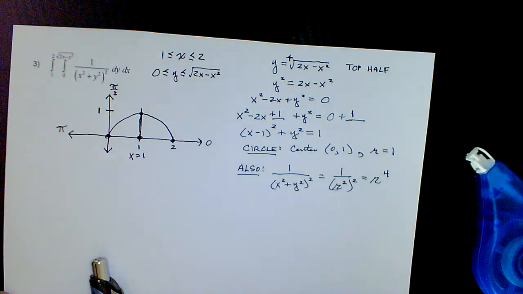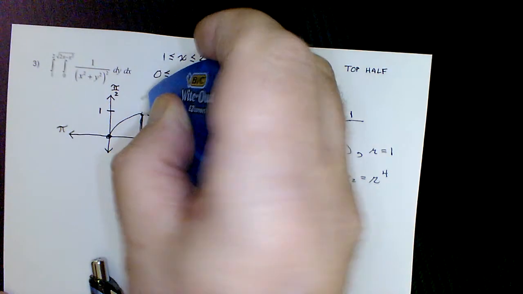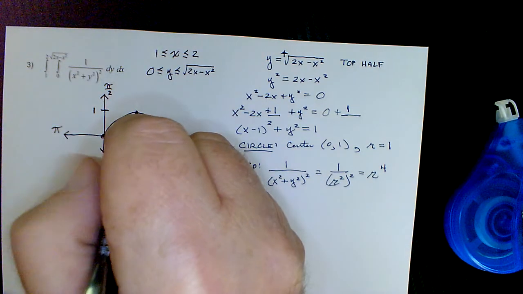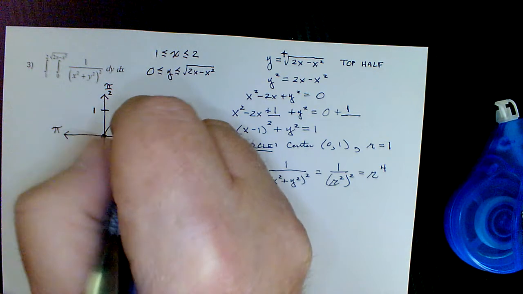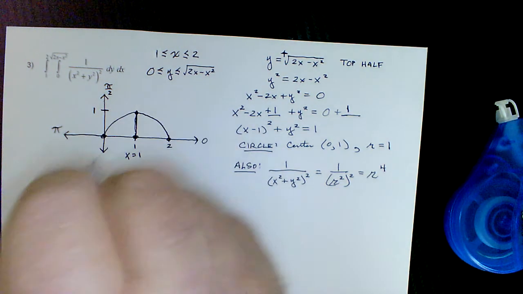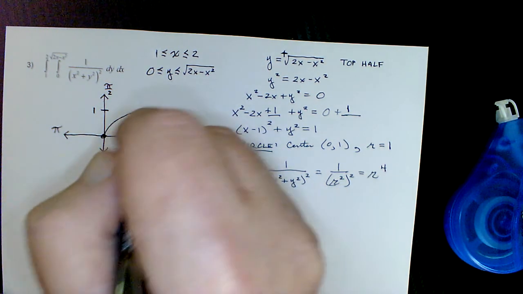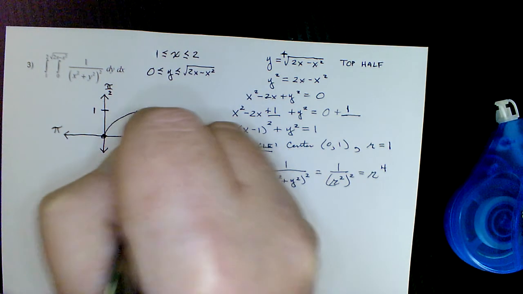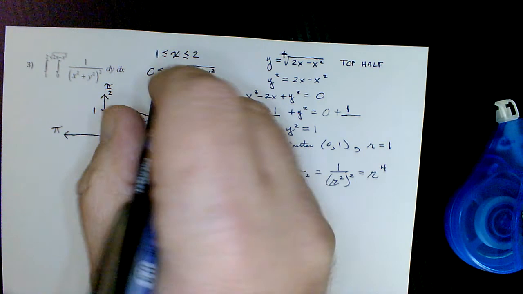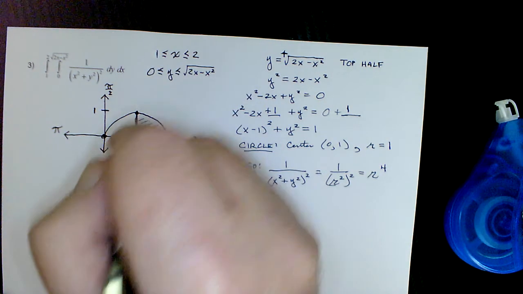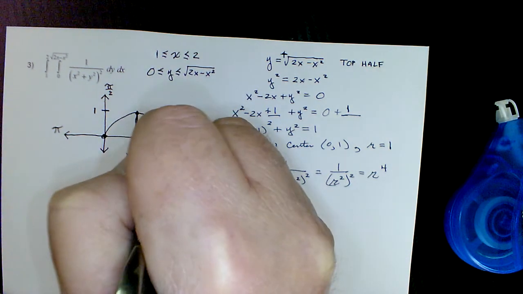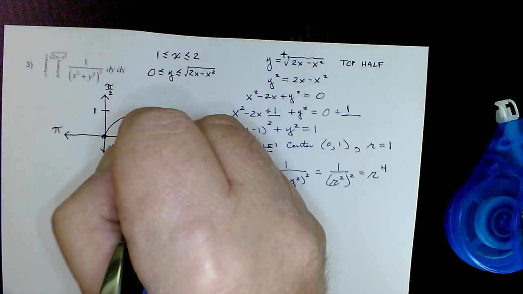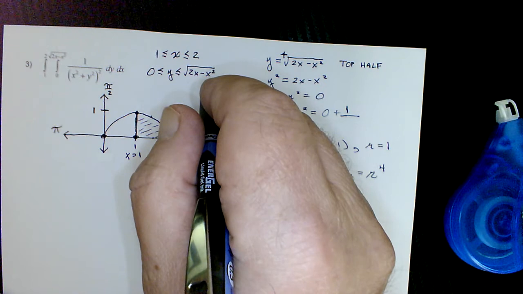If you wanted to make a sketch of the region that we're looking for, we're going for this area in here, because x is ranging from 1 to 2, in terms of vertical strips, and y is ranging from 0 to this top of the graph, which we're going to have to find an equation for as well.